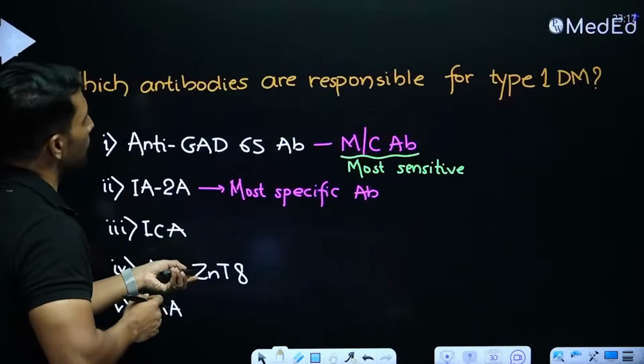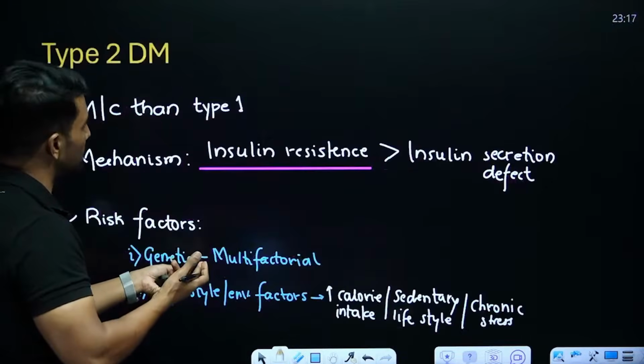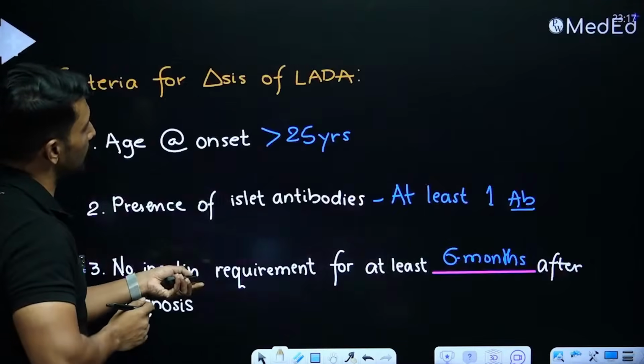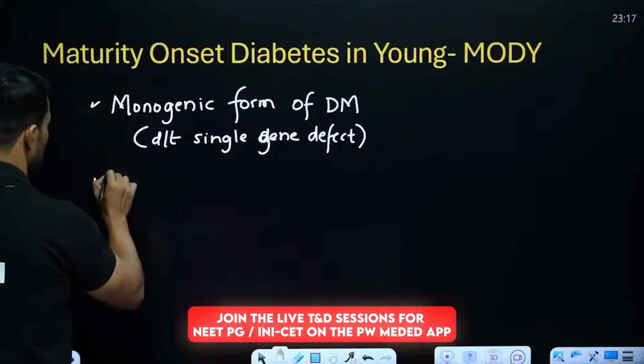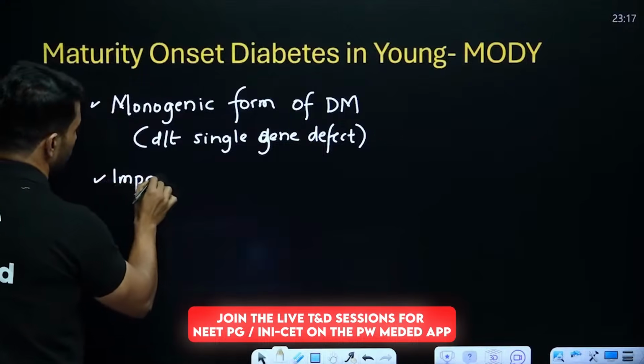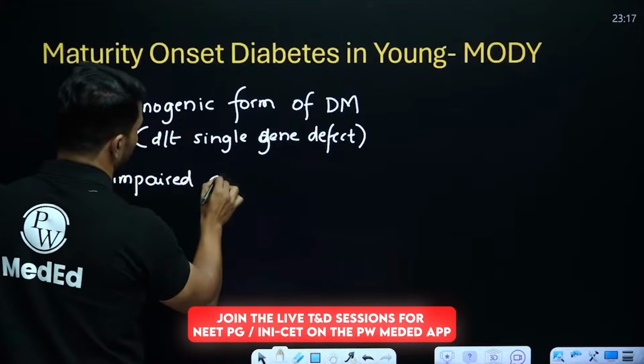So in MODY, because of these gene mutations, there is impaired insulin secretion or impaired glucose sensing. In these patients, there is impaired glucose sensing or insulin secretion.